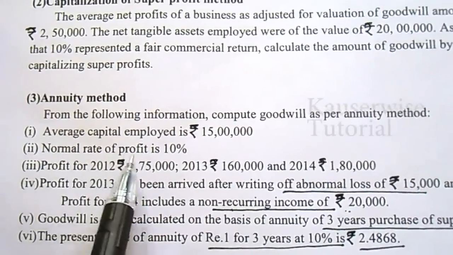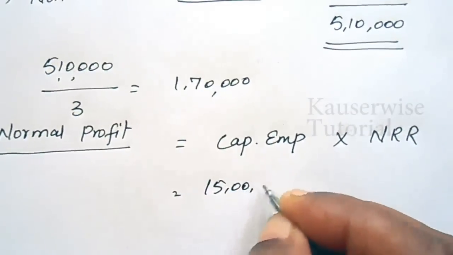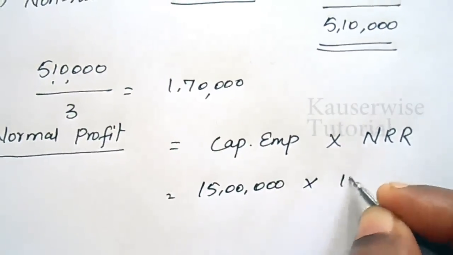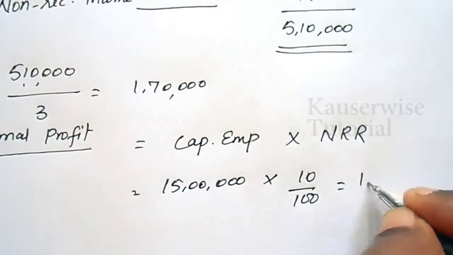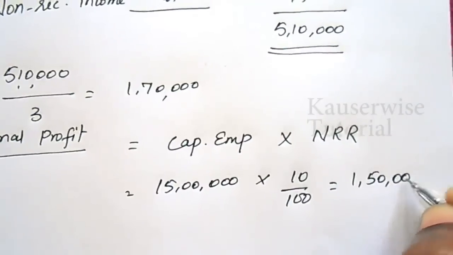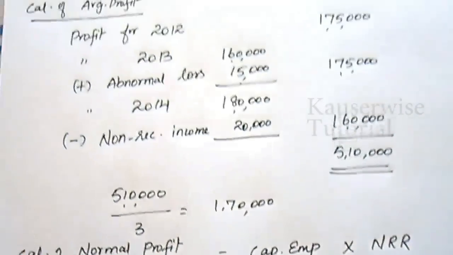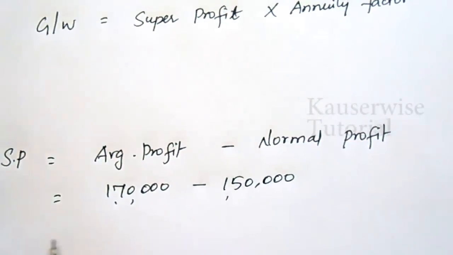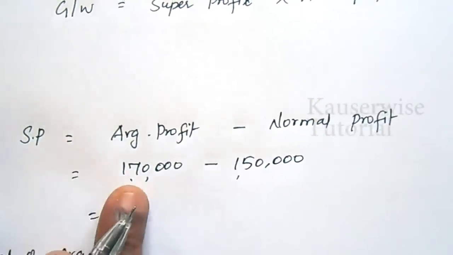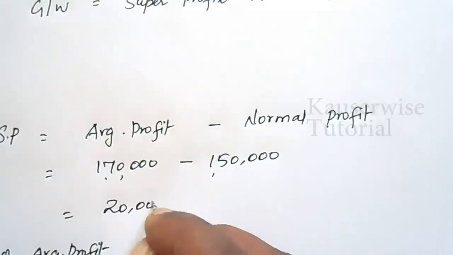NRR, the normal rate of profit, is 10%. 15 lakhs into 10%. What is the answer? 1,50,000. Normal profit is 1,50,000. So, super profit is equal to average profit minus normal profit, that is 20,000.